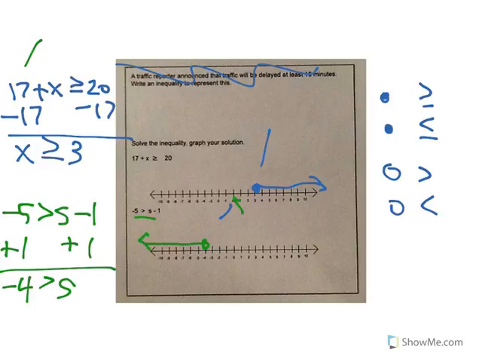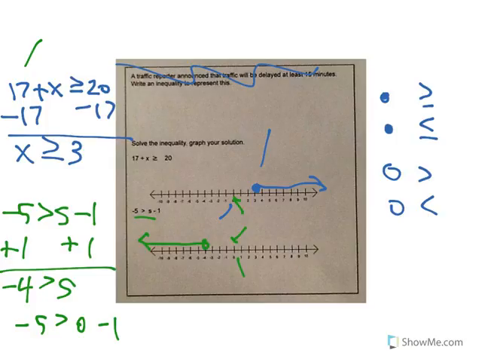And now I'm going to try that 0 trick again. If I plug in 0 to the original inequality, negative 5 is greater than 0 minus 1. No, that's not true, but again, we're fine because it's not on the part that the arrow is pointing towards, so we know we're okay. So that's how these work.